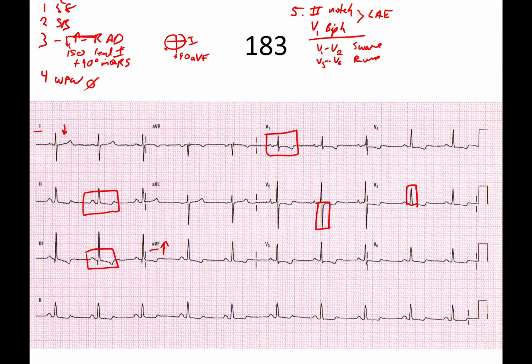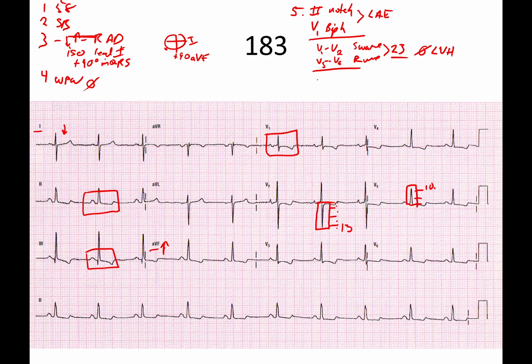I could say 5, 10, 11, 12, 13. And this one would be maybe about 10 total, which only brings me up to 23. So no left ventricular hypertrophy.